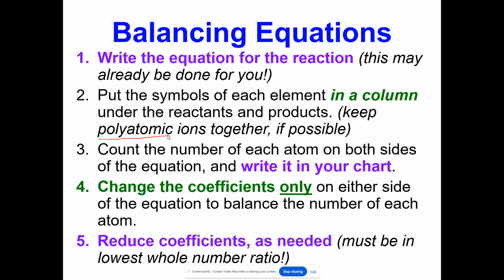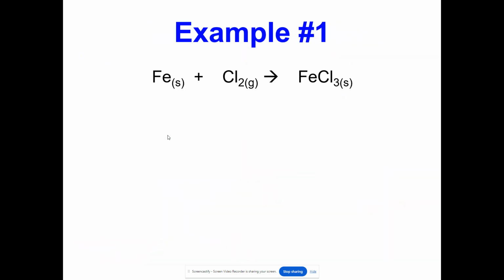Okay, so let's take a look at how this works in practice here. So here we have an unbalanced equation, right? The irons are balanced. We've got one on either side, but the chlorines are not. So let's make our tables. We've got reactants over here, products over here.